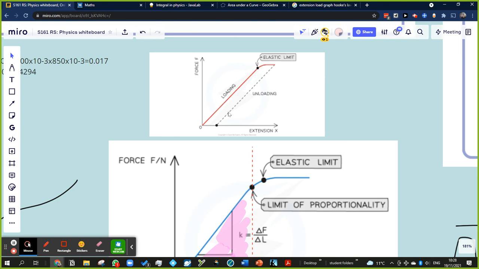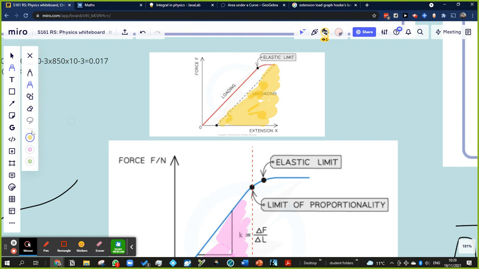Now, what that is showing is, if I get a highlighter, originally the energy that I've put in is just going to be the area underneath this red line. But then when you go back, you can work out the energy released by the spring as you let it go back, but that would be a smaller area.